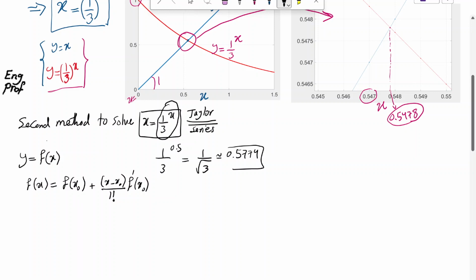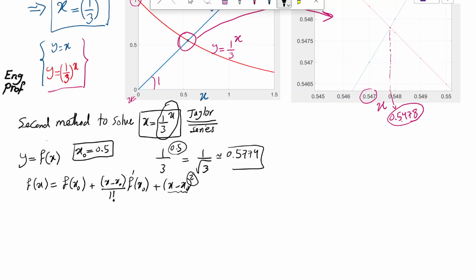It makes sense because the next term that I'm neglecting is the term in the Taylor series expansion with (x minus x0) to the power 2. But if I use my reference point x0 as 0.5 as my approximation point, you can see that the target is very close to it, and therefore x minus x0 is going to be a small number.